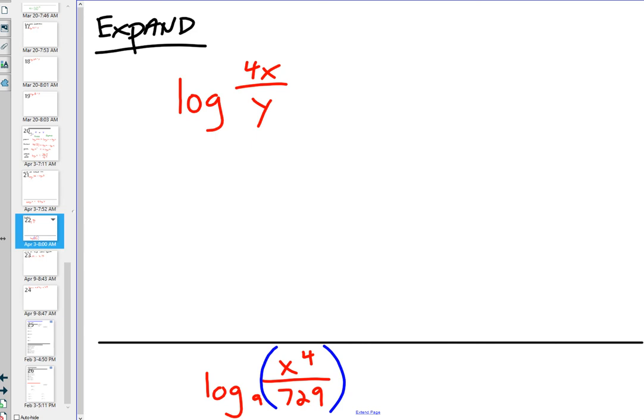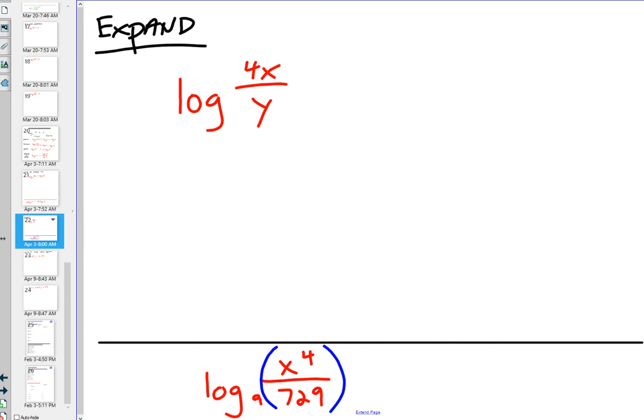Change the base and common base. So yeah, that is something you do with a log, but that doesn't have anything to do with expanding or condensing. The directions here for this one say to expand.